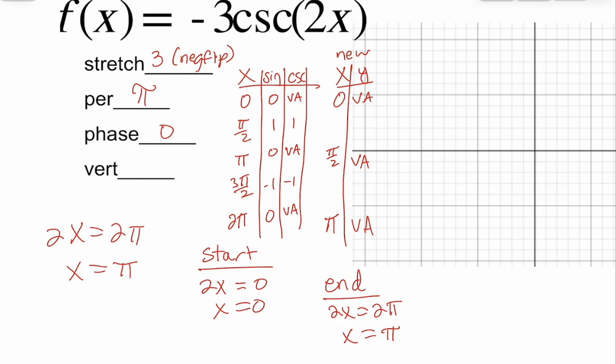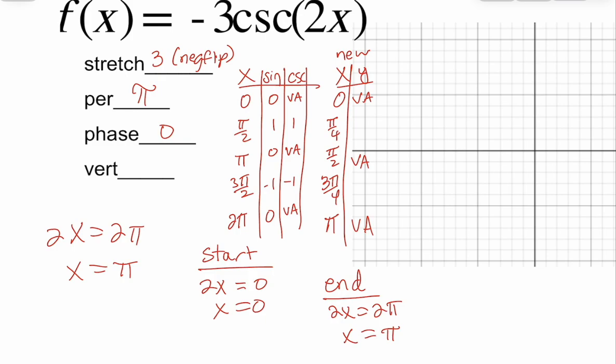Now let's break it down one more time. Between 0 and pi over 2, that would be pi over 4. Just think of breaking down something into fourths. That is 1/4, 2/4, 3/4, 4/4.